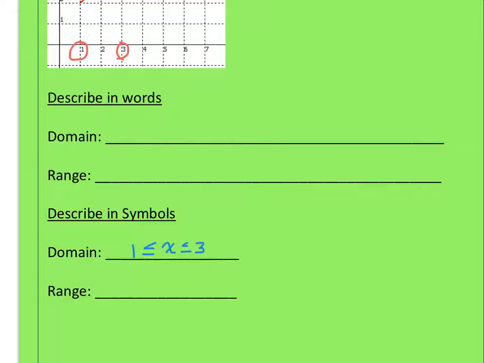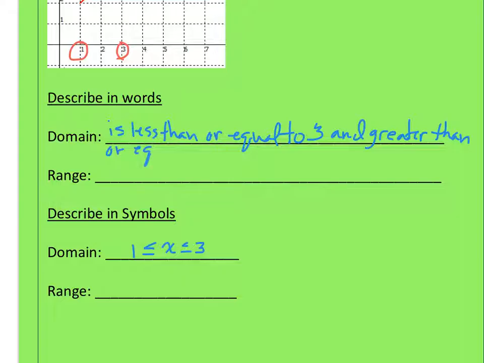And so in words, I can say that the domain is less than or equal to 3, and that's an important word, greater than or equal to 1.